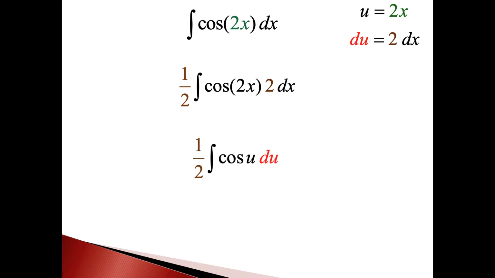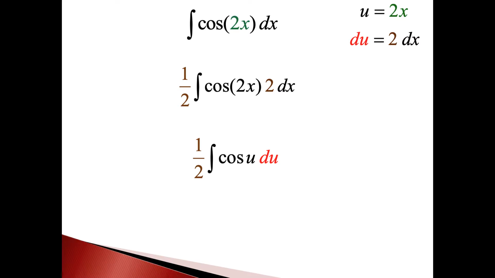I'm going to take the 2 and the dx and turn that into a red du. I'm going to take the stuff inside the cosine, the 2x. That was originally what I used for u. So I replaced that 2x with a u. And now the brown 1/2 that was outside is still hanging around outside. That's perfectly fine. That gets me 1/2 times cosine of u du. And I know how to integrate that.